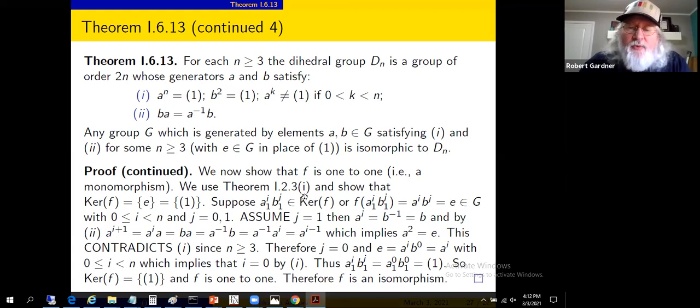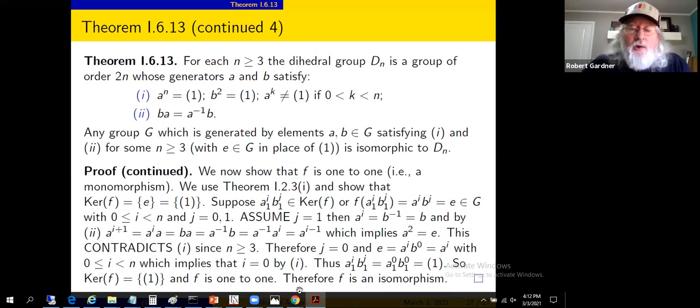Theorem 1.2.3 part 1 tells you that's a one-to-one mapping. We had onto and homomorphism from the previous slide. Now we've got one-to-one. You've got a bijection that's a homomorphism. That's what an isomorphism is, and that's a uniqueness. So any group G satisfying 1 and 2 has to be isomorphic to the dihedral group.